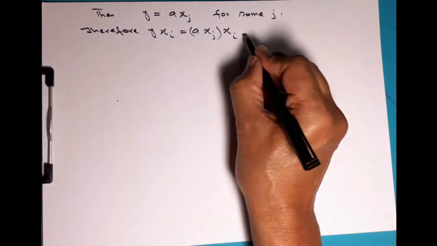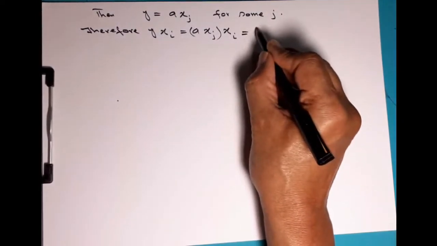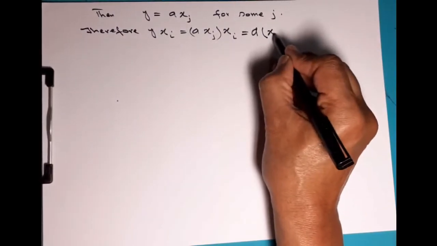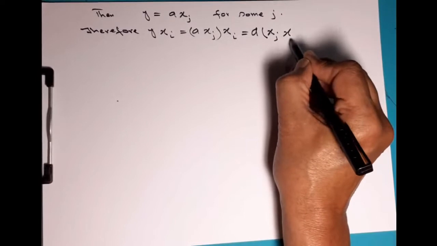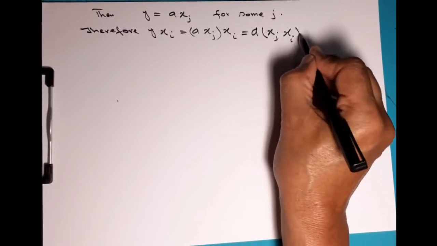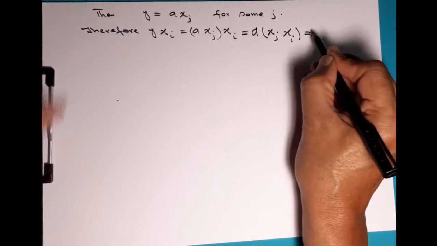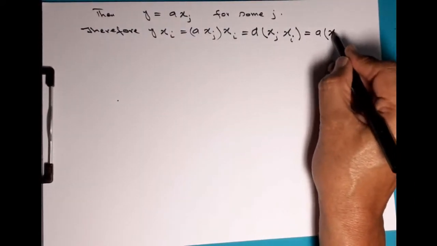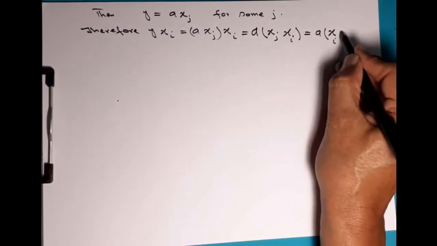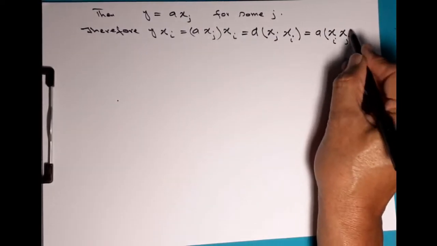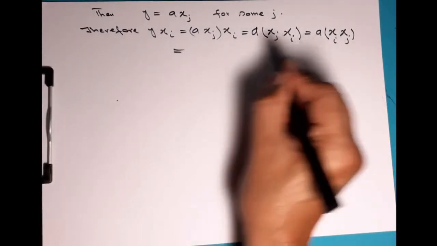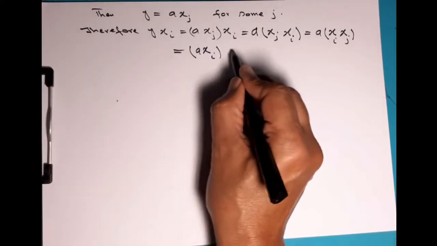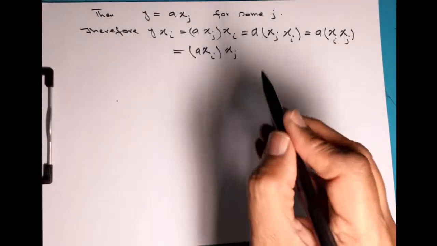And this is equal to AXJ into XI because of the associative law. And this can be written as A multiplied with XI into XJ because of commutativity of multiplication. And this is equal to AXI multiplied with xj because of associativity of multiplication.